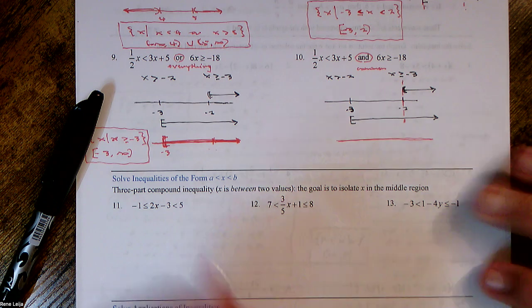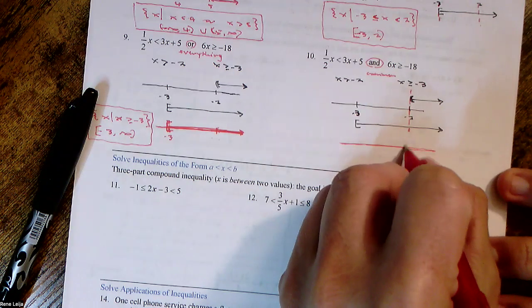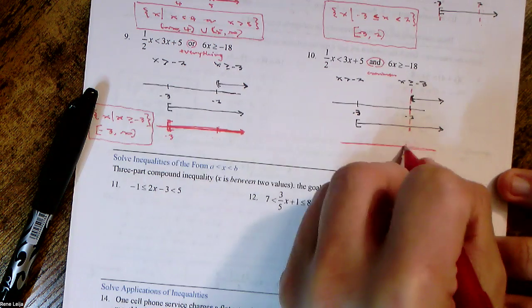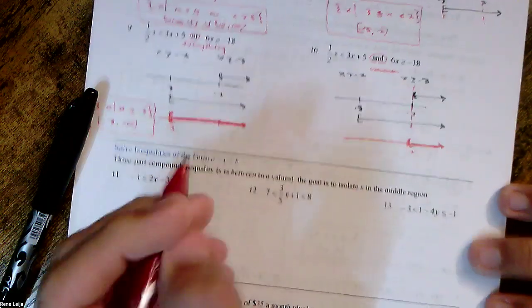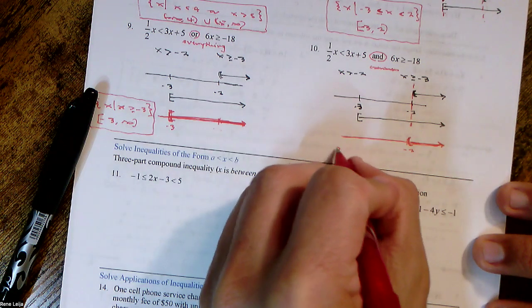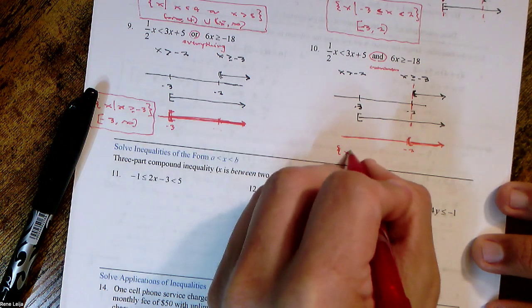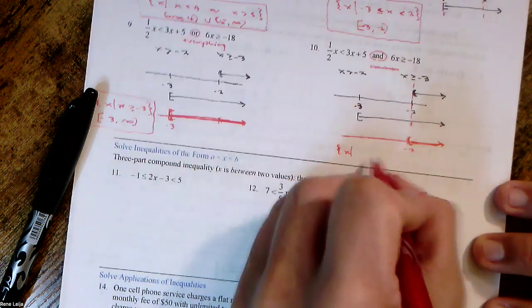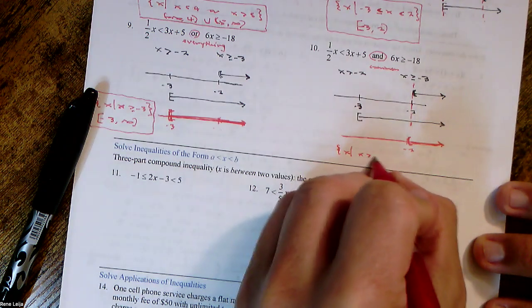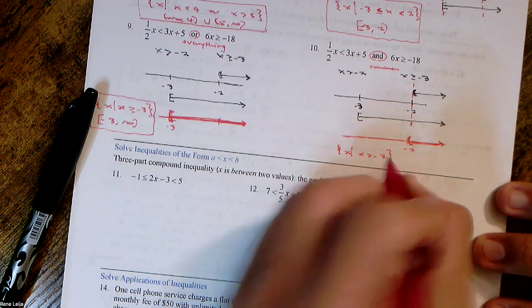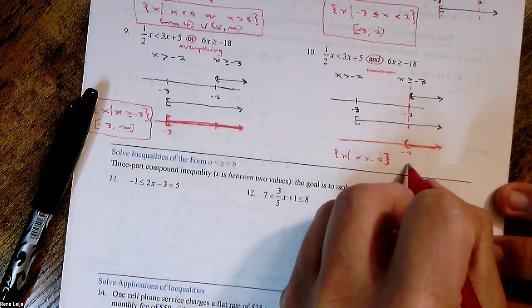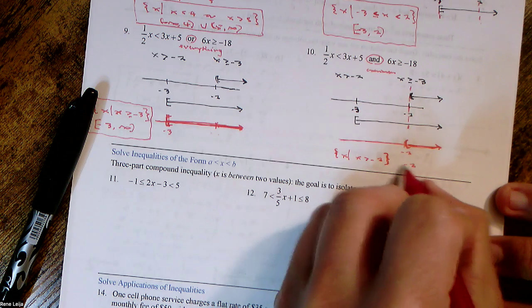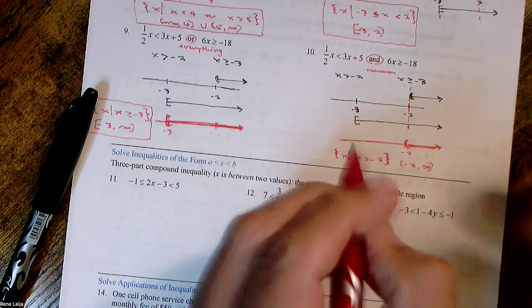The "and" is only going to start at -2 with a parenthesis, and it's going to go to the right. Okay, so now my set notation is a set of all x such that, in this case, x is greater than -2. And then my interval notation would be from -2 with a parenthesis all the way to infinity.